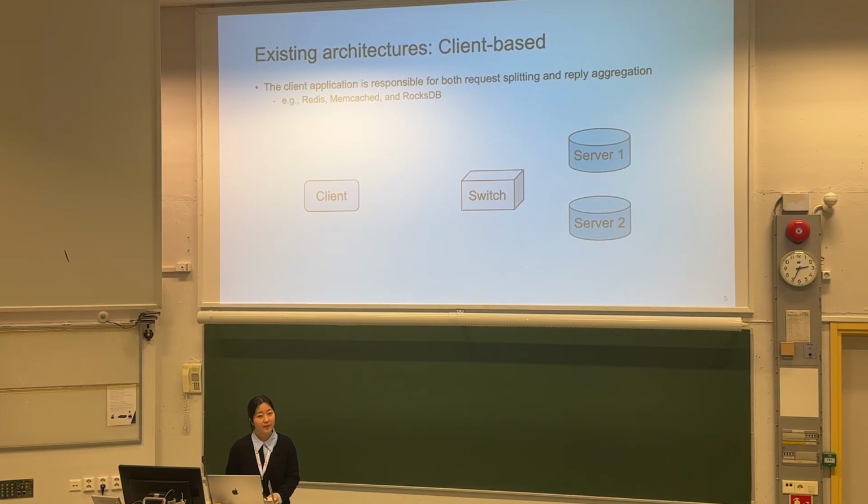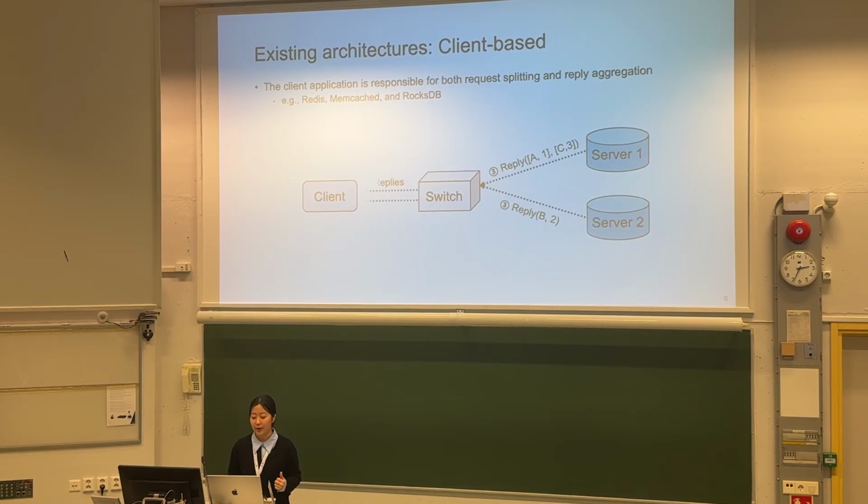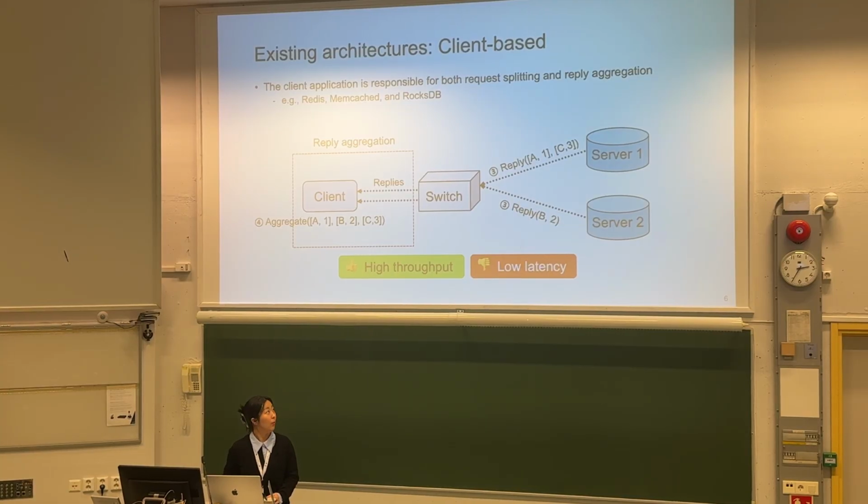So, existing systems generally follow one of 2 approaches for handling multi-get coordination. The first is the client-based architecture, where the client handles both request splitting, like this, and reply aggregation. This can achieve high throughput since the client takes full control of coordination. However, due to high overhead on the client side, it cannot provide low latency.